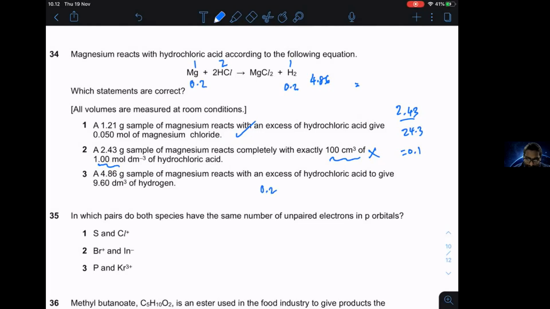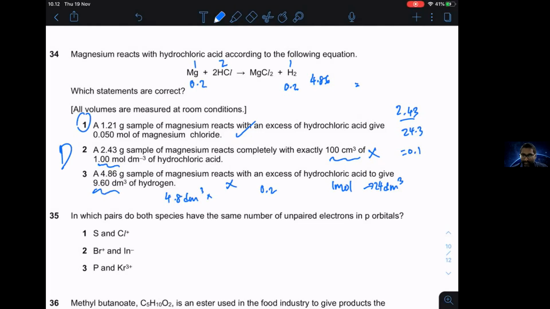Every 1 mole occupies 24 dm cube, so 0.2 times 24 is 4.8 dm cube. So this is also wrong. So the answer is going to be only one, D.